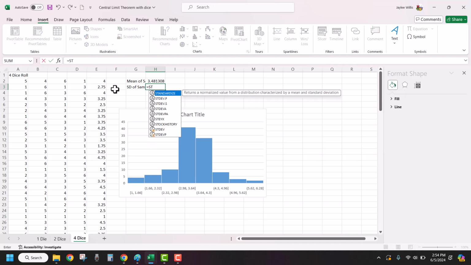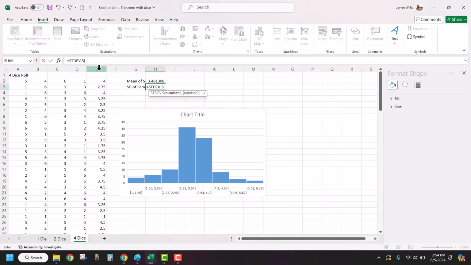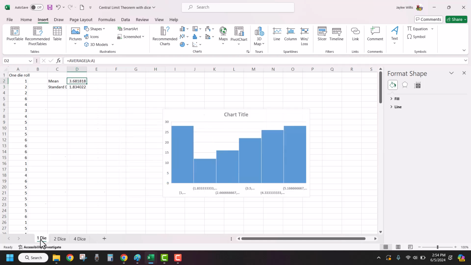So I'm going to find the standard deviation of all of these. That is 0.8985.